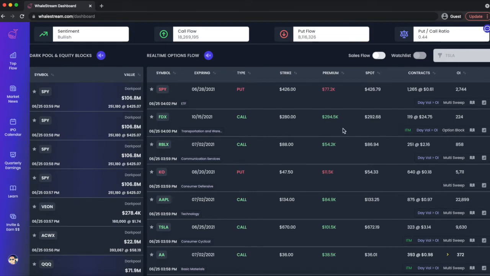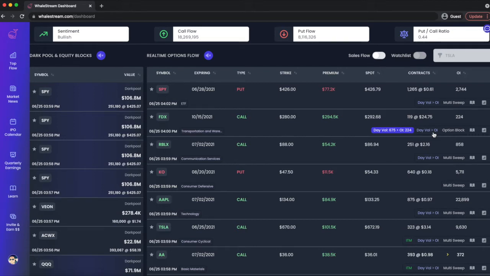Boom. Next up, we have the day volume is greater than the OI, and if you hover over it, it'll actually tell you what the day's volume is and what the OI is. OI is open interest for anybody who is not aware, and the open interest is basically how many contracts were in existence as of the day prior.